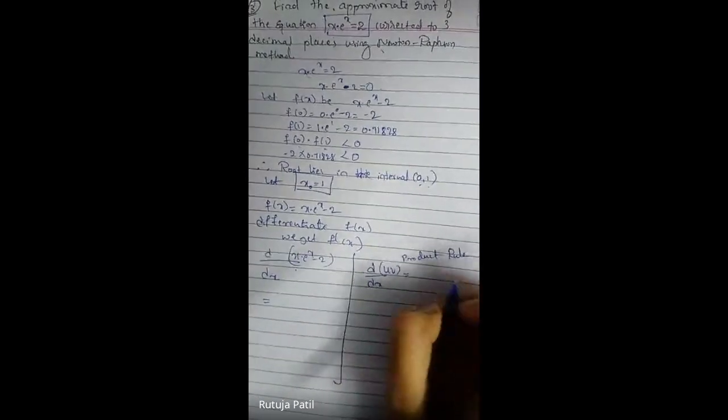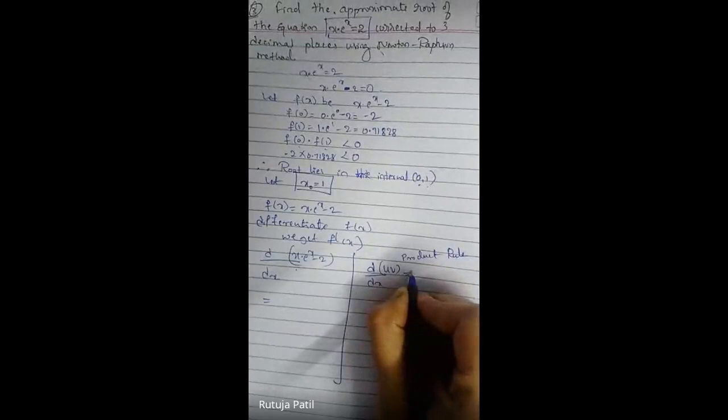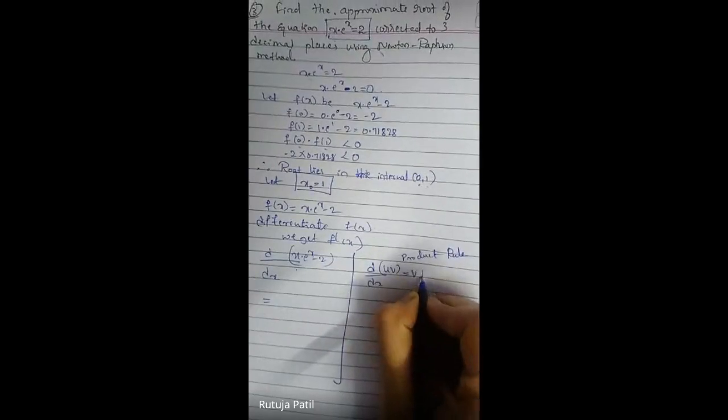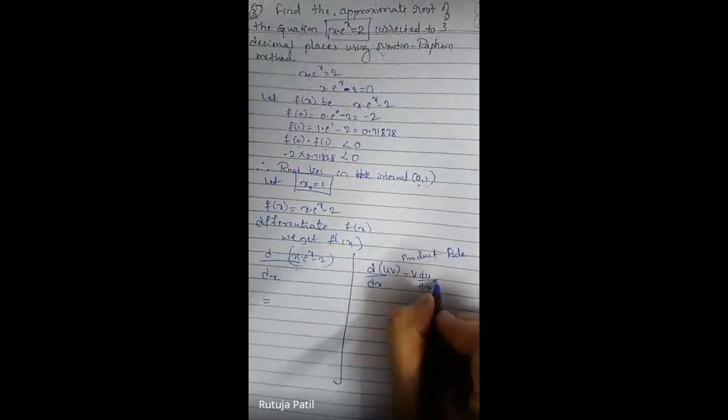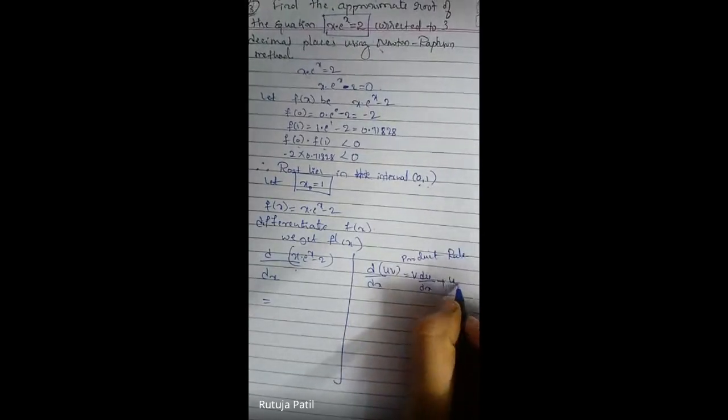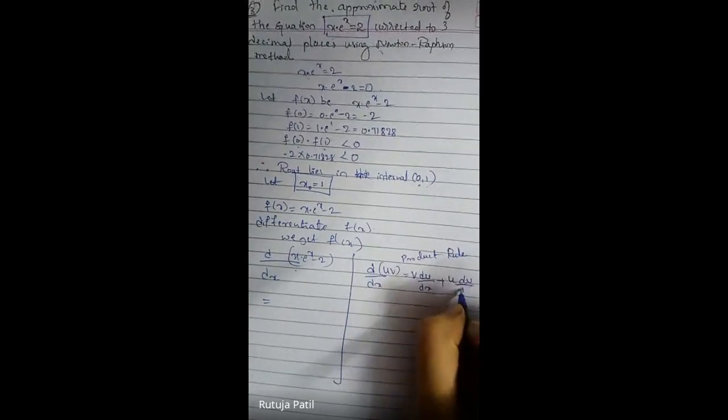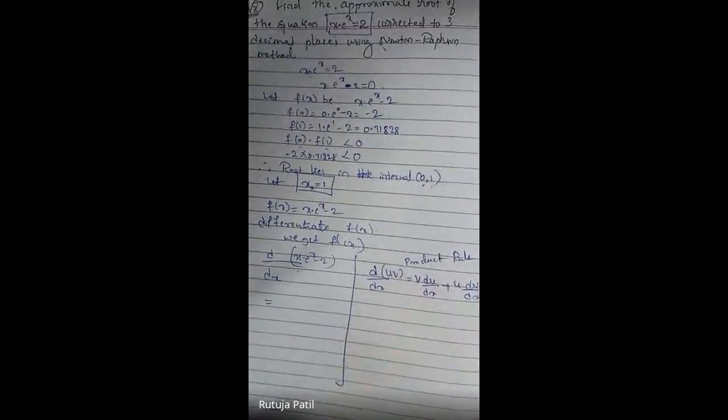That is, first keep this v as it is, differentiate the u with respect to x, plus keep the u as it is, differentiate v with respect to x.